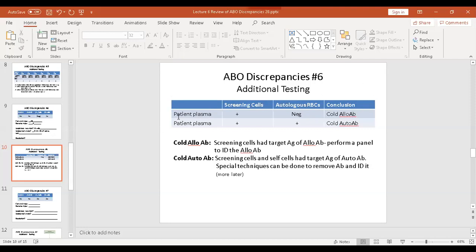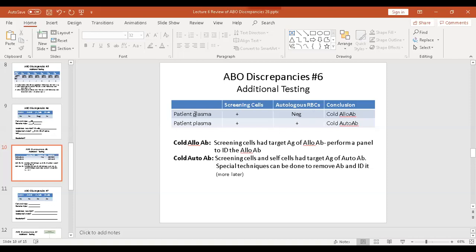Okay, so let's look at the first example. So we took two drops of our patient plasma, we tested it with some screening cells, we got a positive reaction. So what this means is our patient has some sort of antibody that is finding its target on the screening cells. And remember, screening cells are always type O because we don't want ABO antibodies to come into play when we're looking for unexpected antibodies.